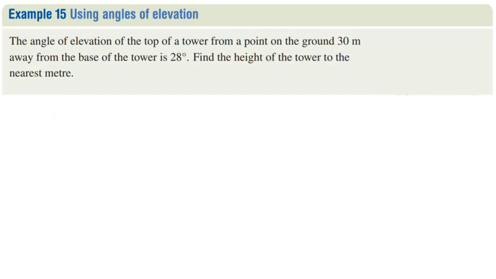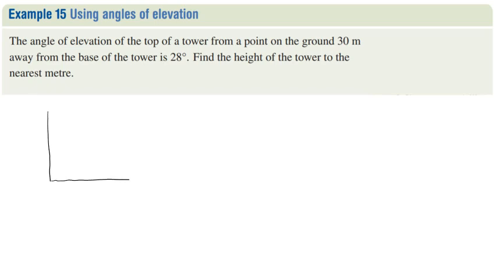I'll do two examples. The angle of elevation of the top of a tower from a point on the ground 30 meters away from the base of a tower is 28 degrees. Find the height of the tower. Alright, so we've got a tower. And then there's a point on the ground 30 meters from the base.